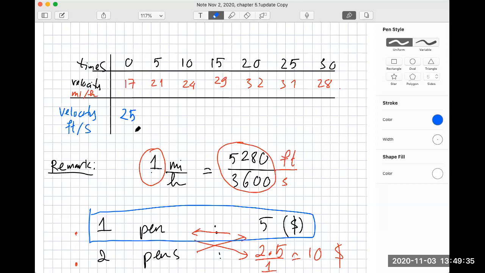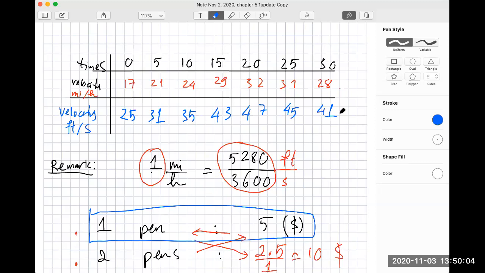Okay? And the same logic. If the velocity is 21 miles per hour, it will be 31 feet per second. Here is 35, 43, 47, 45, and 41. Okay?